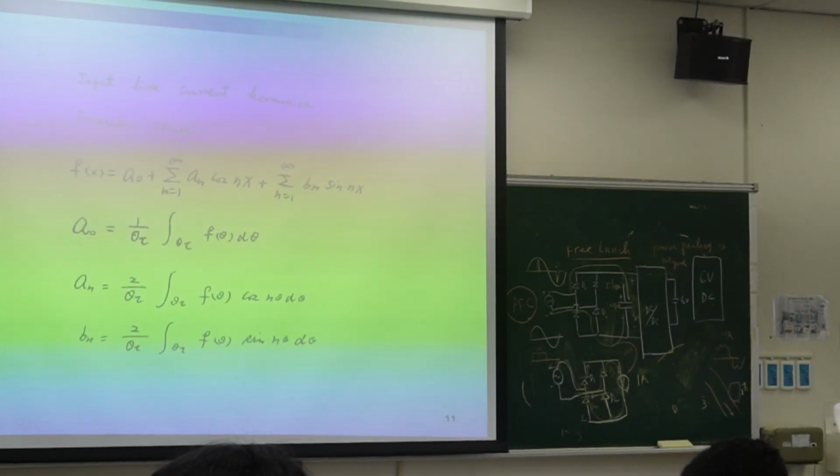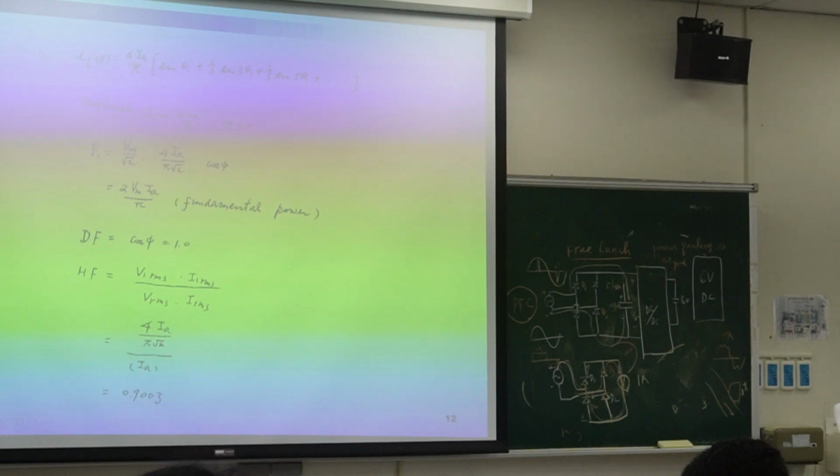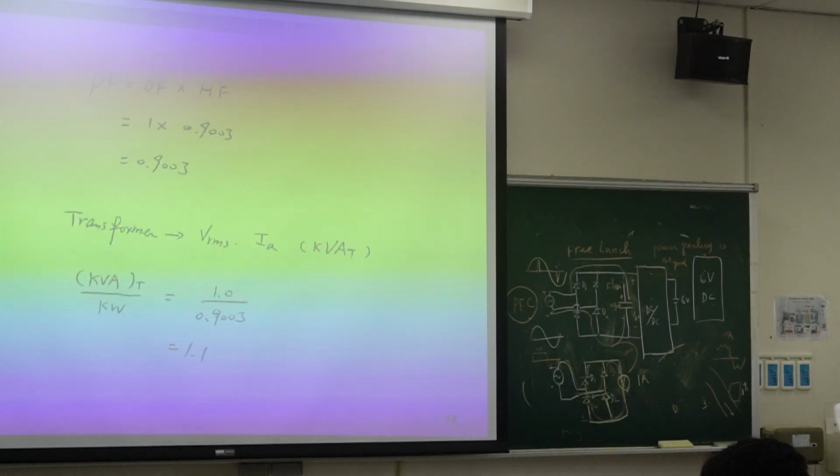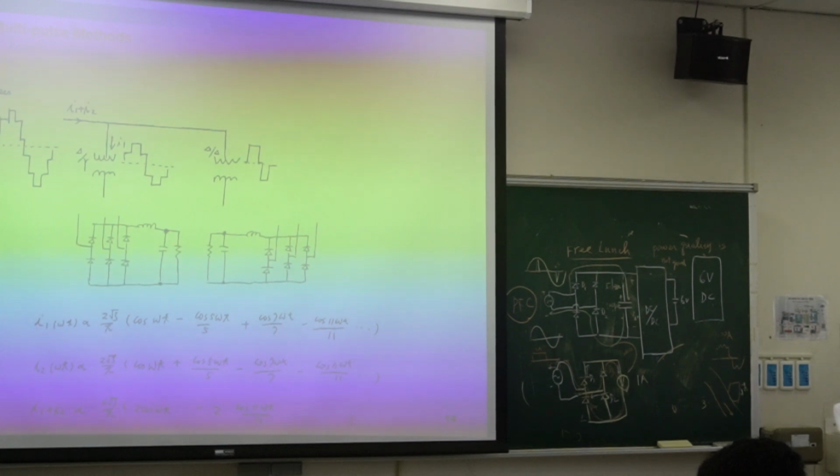So we can use Fourier series to analyze, and we can calculate. It is true. Finally, the power factor is 0.9. But this idea is not good. So we have to solve it another way.